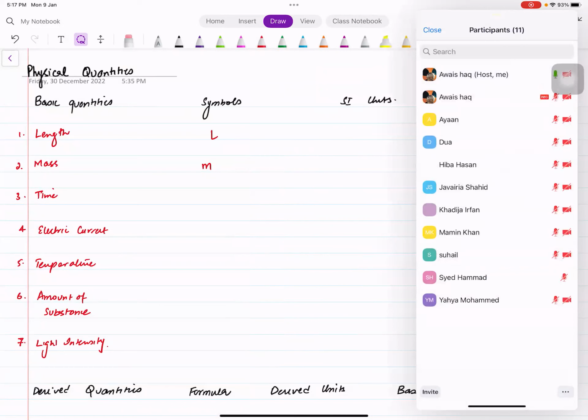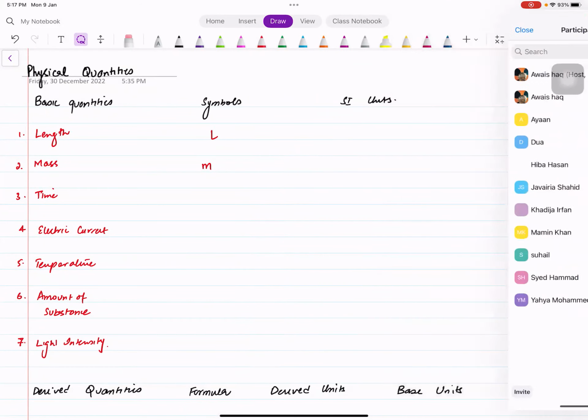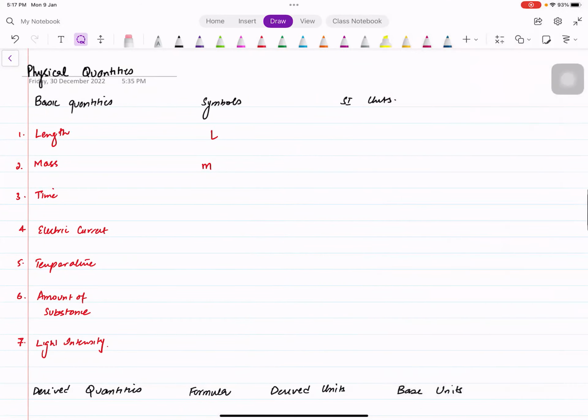Okay. So what we're going to do is, this is length, for mass it's m, time is small t. Electric current is I, temperature is T, amount of substance is N, light intensity is phi.